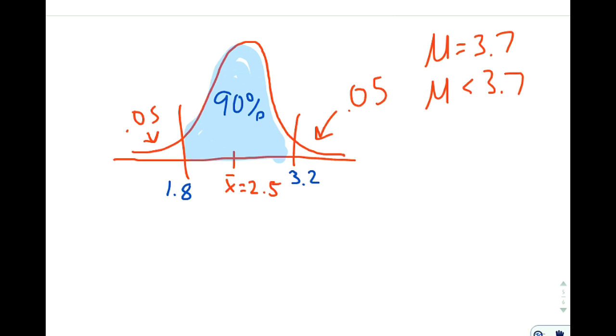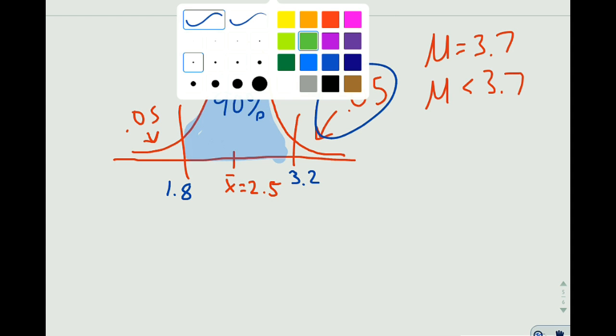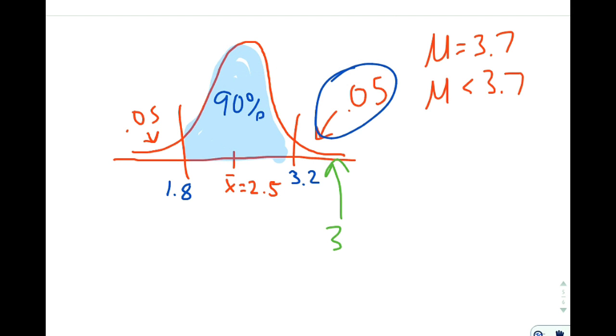If we are trying to prove that 3.7 falls outside of the confidence interval, we will have effectively proven that it is going to have a p-value of less than this tail here. So 3.7 is somewhere out in the tail, which means that it has actually a very small p-value, most likely.